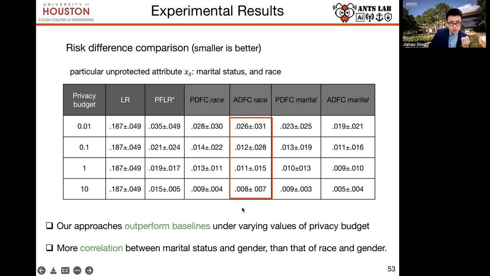When the privacy budgets are large and the negative effect of noise injection is reduced, the fairness constraint can be fully enforced. When comparing the results over race and marital status, we can see that there is more correlation with marital status than with race, and more correlation than between marital status and gender, or race and gender. Overall, our approach performs better than the best baselines.